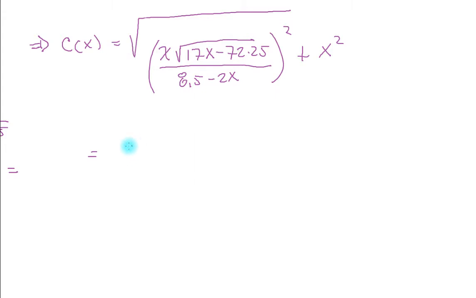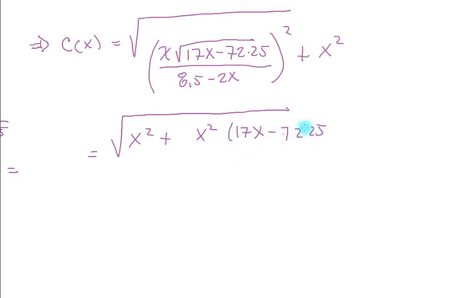Now, I'm going to jump some steps to make this video shorter. This becomes x squared plus x squared times 17x minus 72.25 divided by, let's take a factor of 4, we have x minus 4.25 squared.